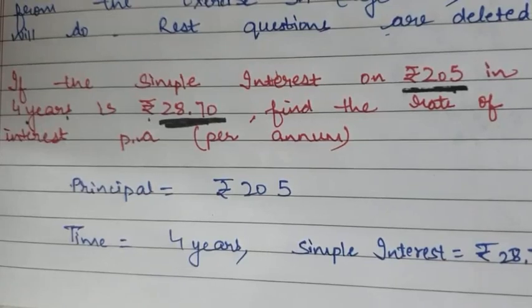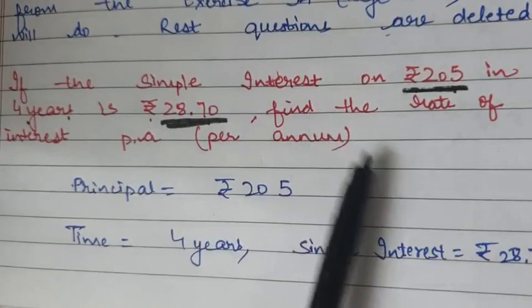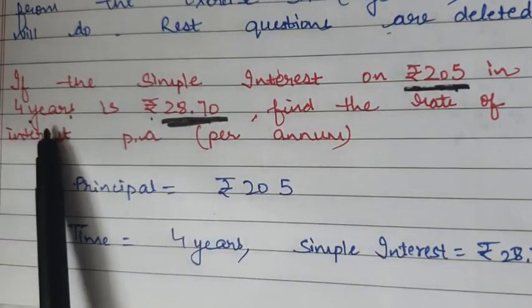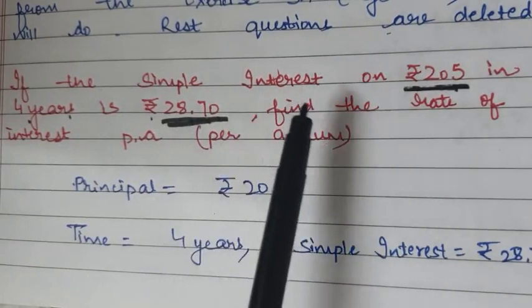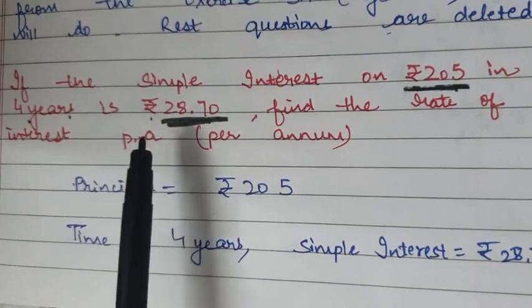The first question is, if the simple interest on 205 rupees in 4 years is 28.70, find the rate of interest per annum.